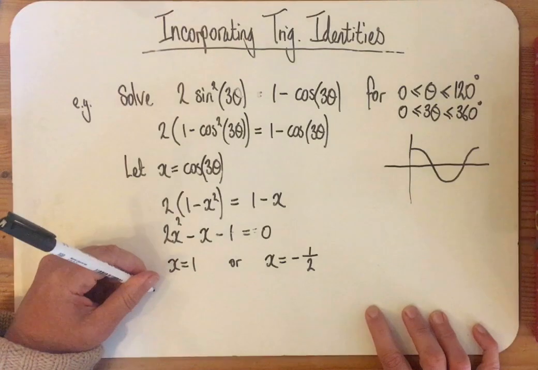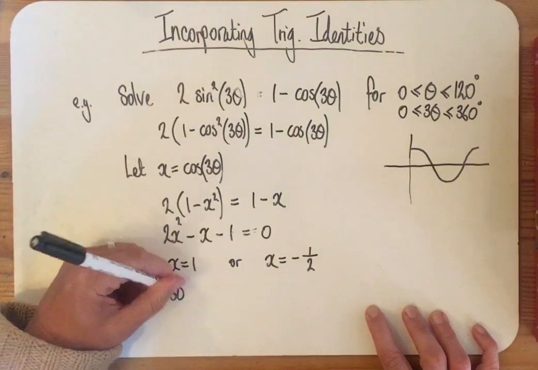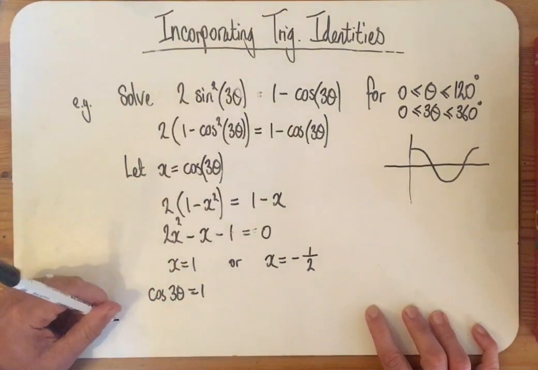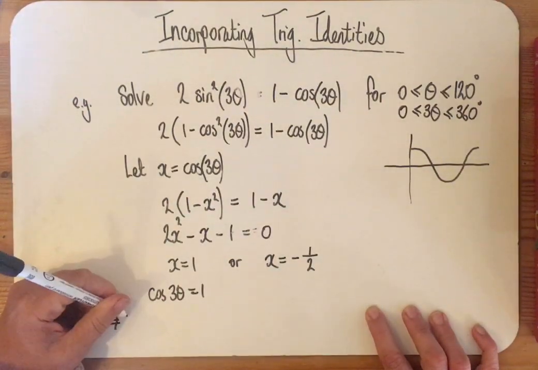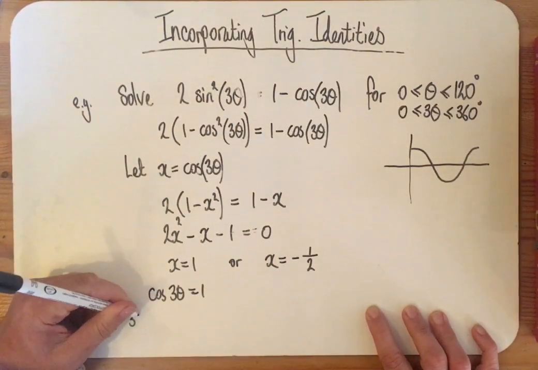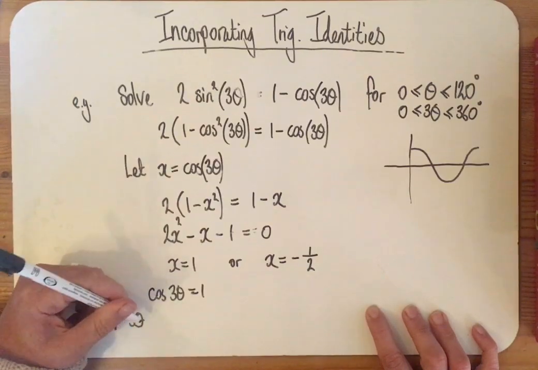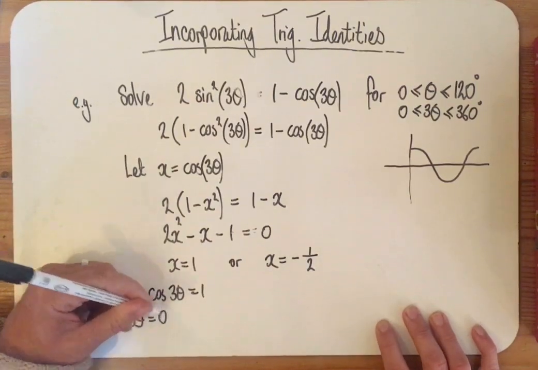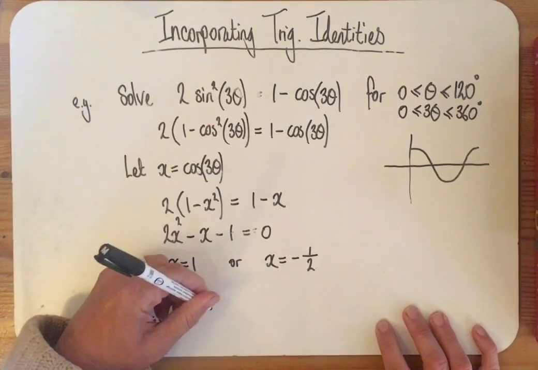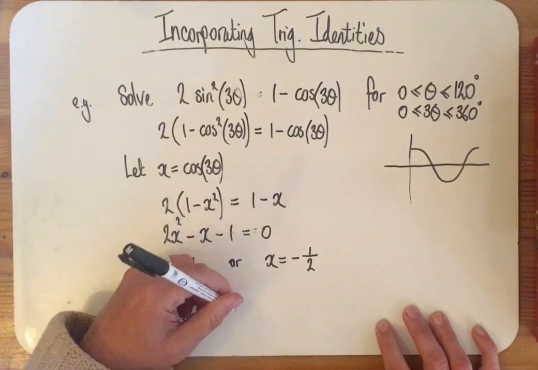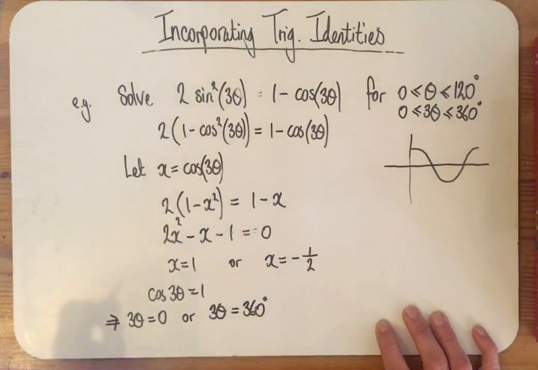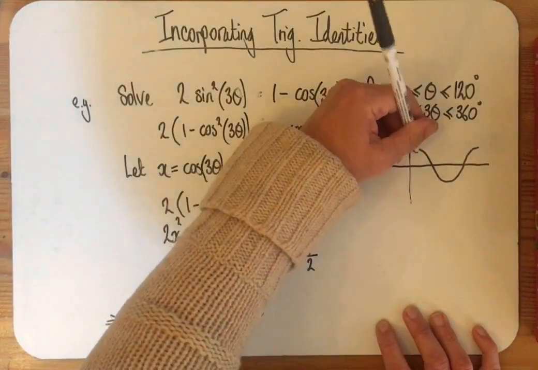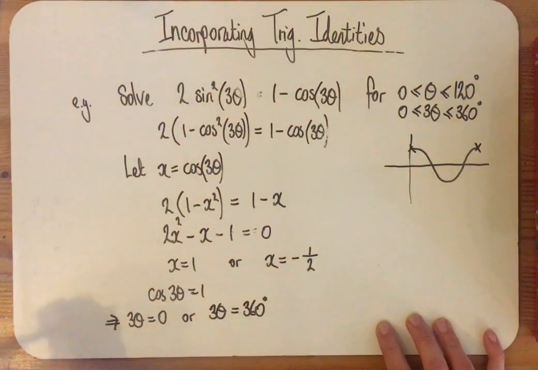So cos 3 theta equals 1. That gives me 3 theta is equal to 0 or 3 theta is equal to 360 degrees. So I'm either going to be there or there.